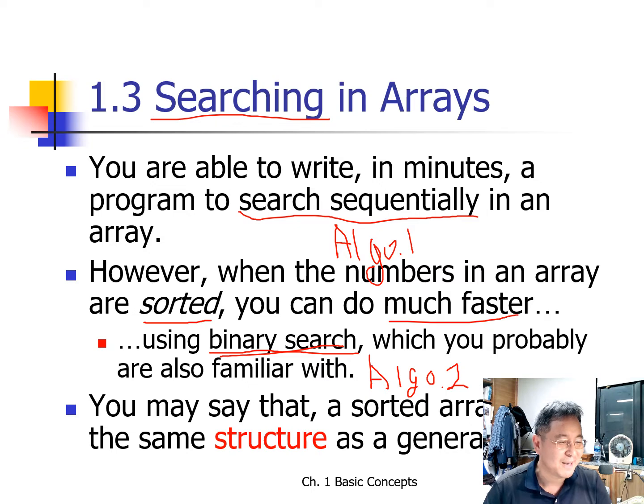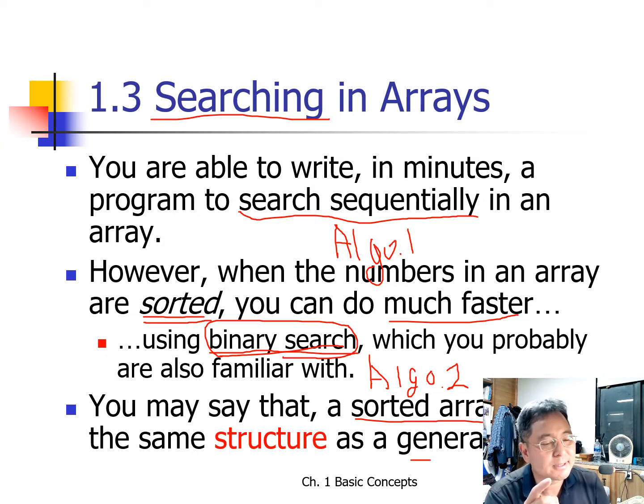Of course, binary search is much faster than sequential search. But in order to implement binary search, we must store the data sorted. That's the difference. So the sorted array is not the same data structure as a general array.